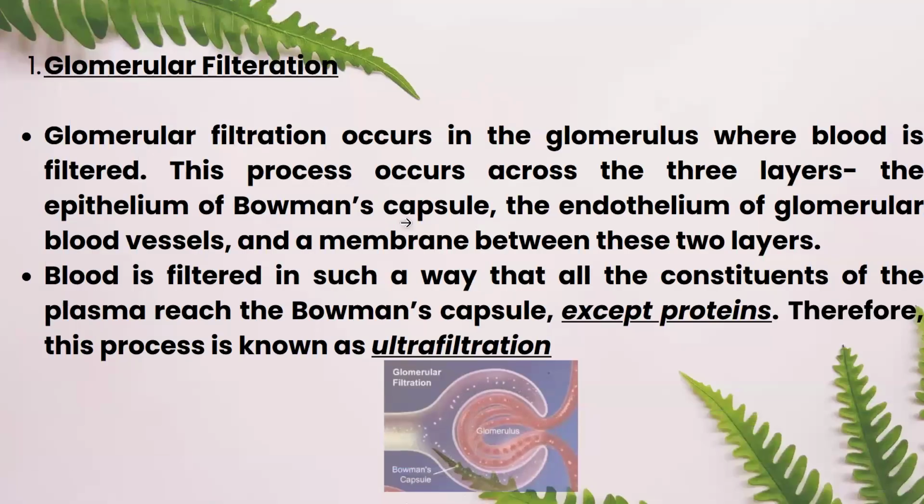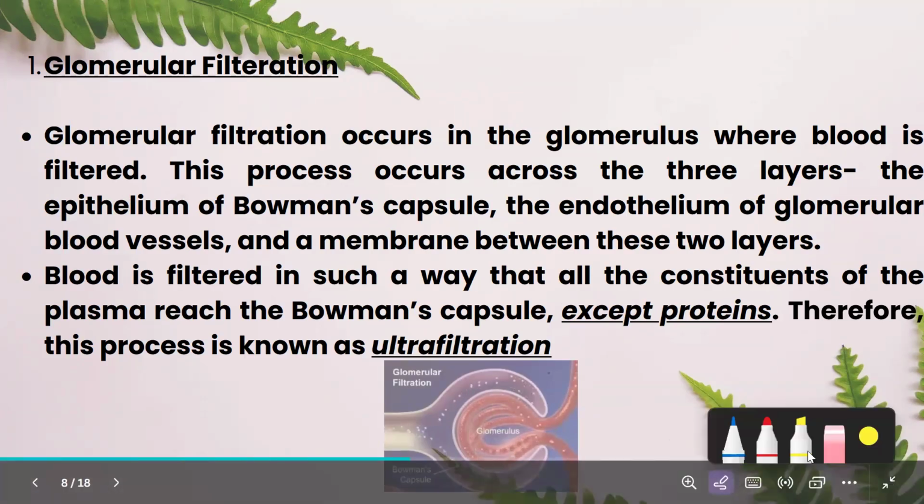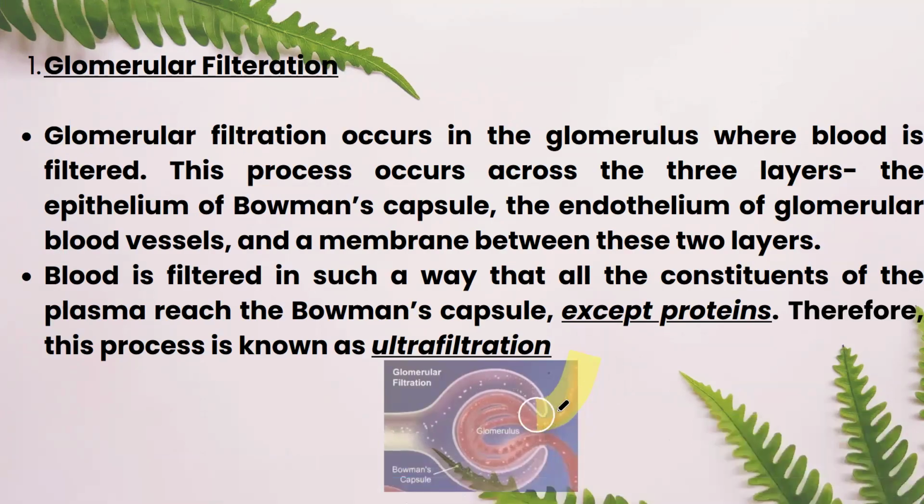And the first one, here you have to focus. The first one is glomerular filtration. Glomerular filtration occurs in the glomerulus, where the blood is filtered. First the blood enters into the glomerulus.